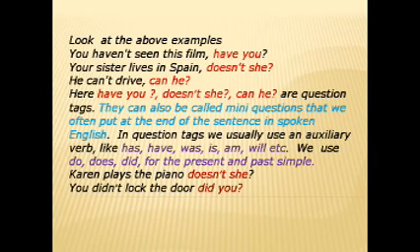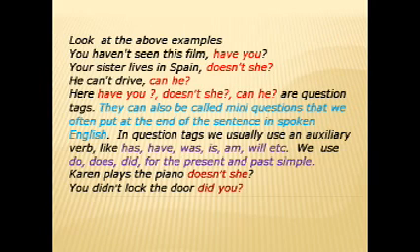Here, have you? Doesn't she? Can he? Are question tags. They can also be called mini questions that we often put at the end of the sentence in spoken English. In question tags, we usually use an auxiliary verb like has, have, was, is, am, will, etc. We use do, does, did for the present and the simple past.